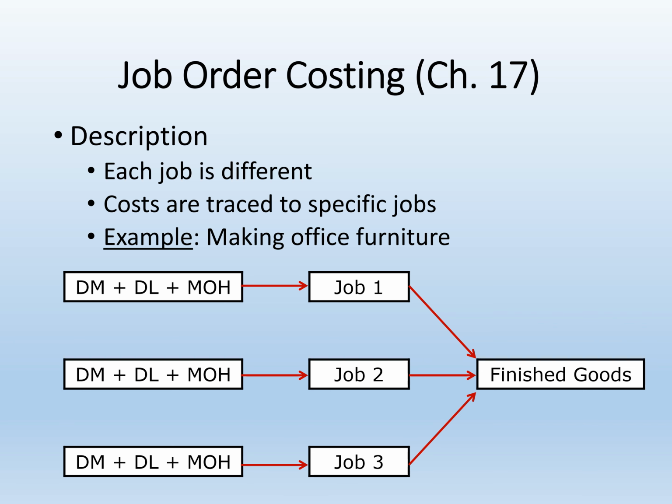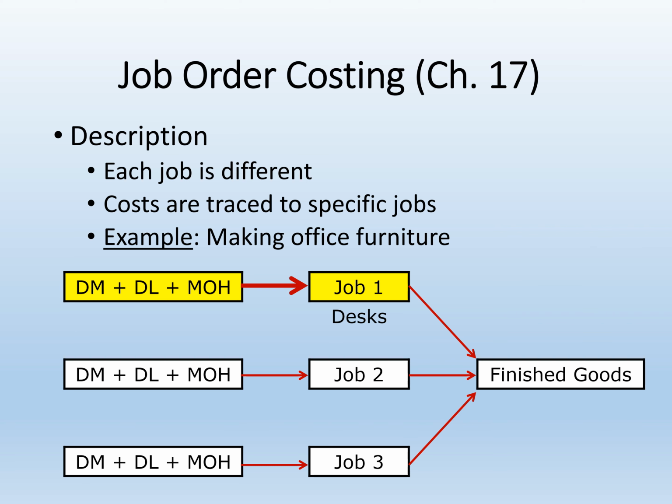So, for example, a firm that makes office furniture would choose to use job order costing because it probably makes a wide variety of different kinds of desks and chairs and bookshelves that demand different manufacturing costs from the firm.